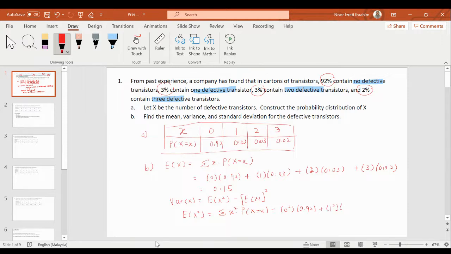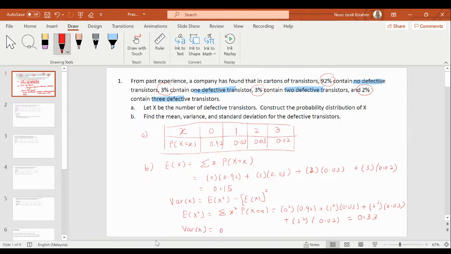1 squared, multiplied with 0.03, plus 2 squared, multiplied with 0.03, and then plus 3 squared, multiplied with 0.02. This one you will get 0.33, and from here we can get the variance.